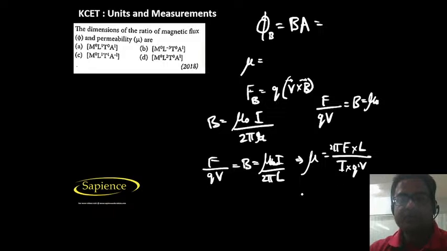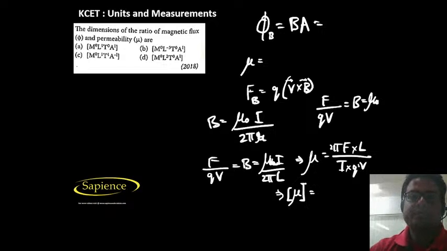So we need the dimensional formula of permeability, and phi B, which is B into A. Phi B is B into A, and mu, I can say, is B L by I.